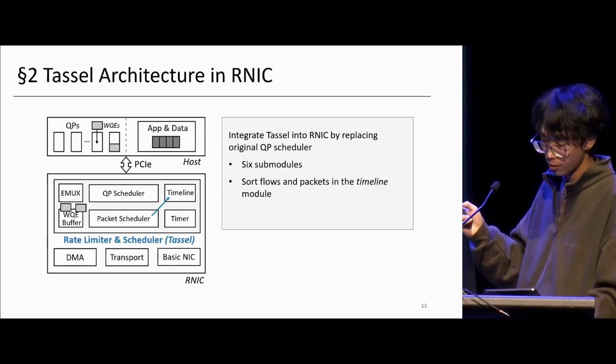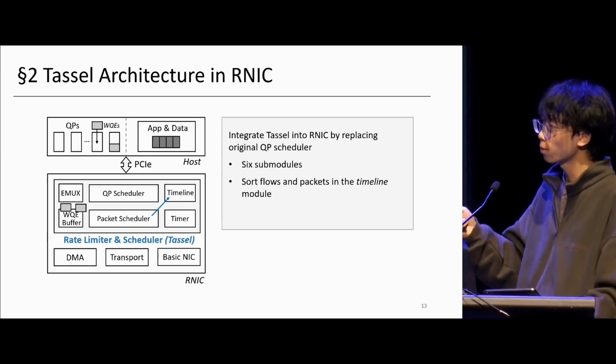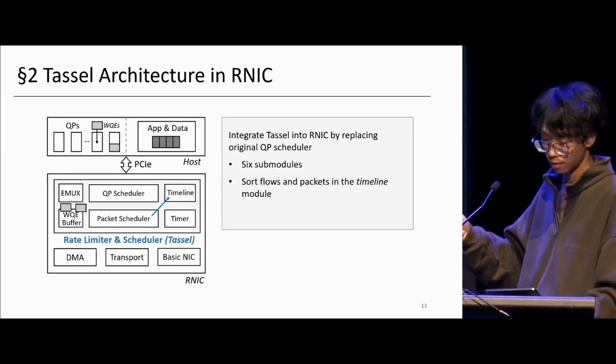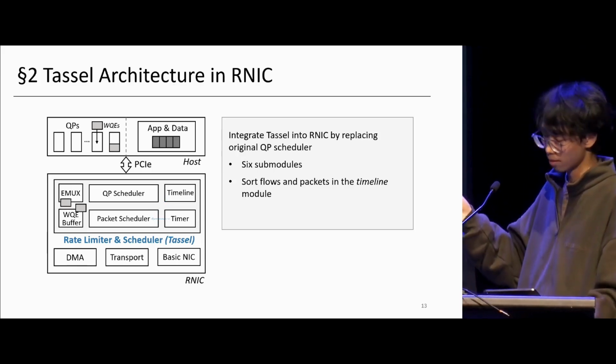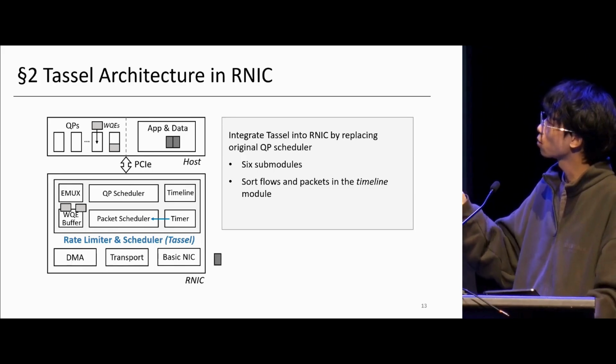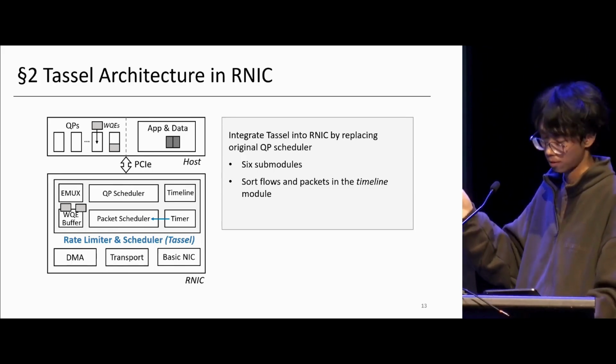The packet scheduler processes these fetched WQEs, computes the transmission time for the packets in these WQEs, filters the imminent packets, and sorts them in the timeline module. And at last, the timer notifies the packet scheduler to consume WQEs and transmit the packets.